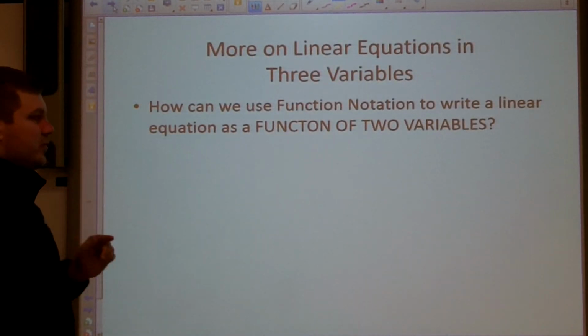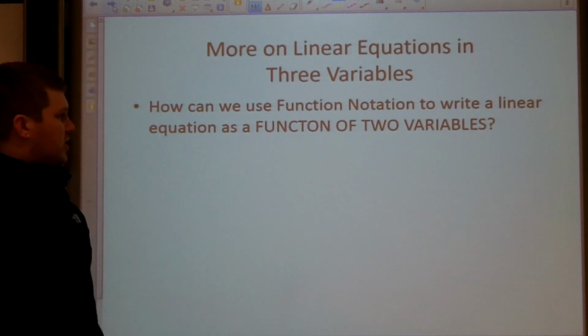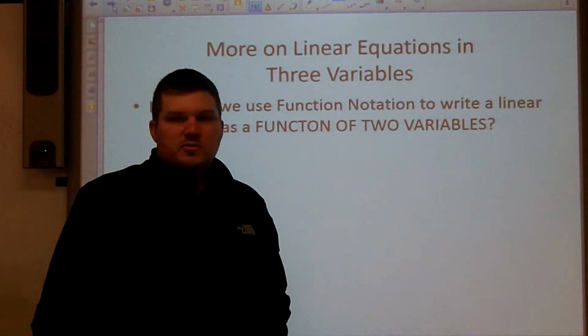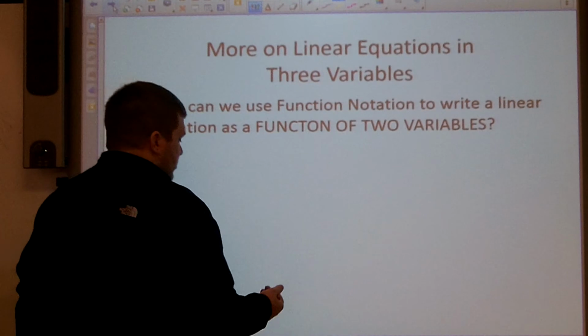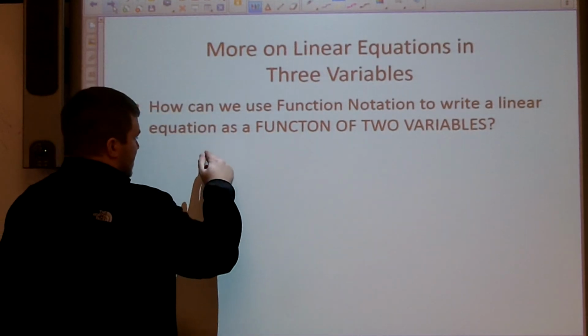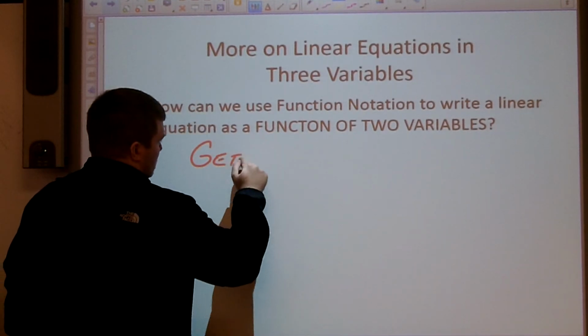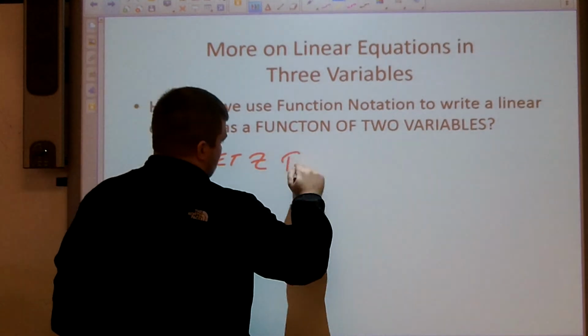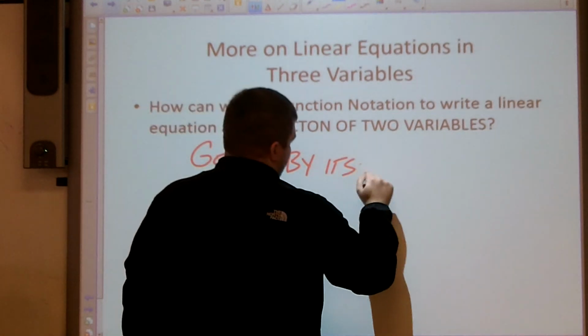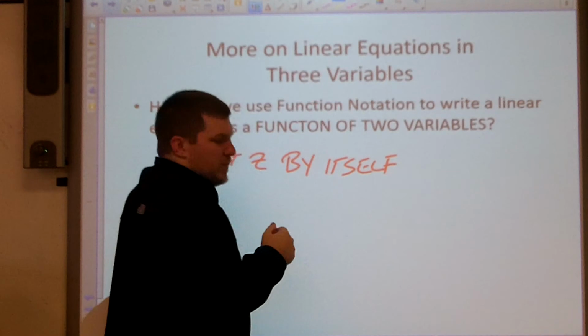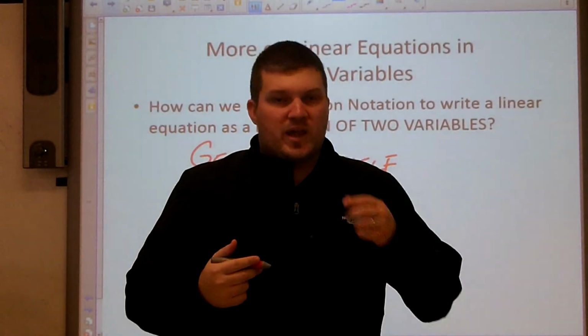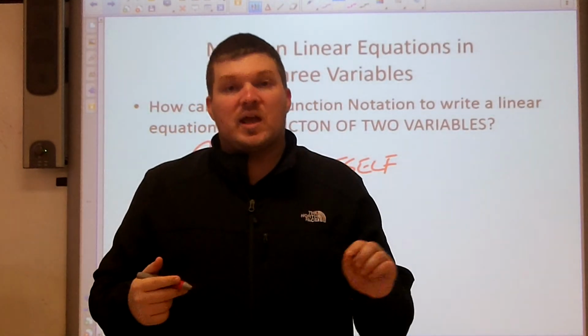So how can we use function notation to write a linear equation as a function of 2 variables? So remember, what we're going to do is just simply get z by itself. And if you remember back to one variable, when we had y by itself, instead of y, we said f of x.